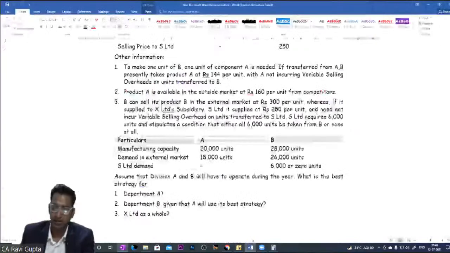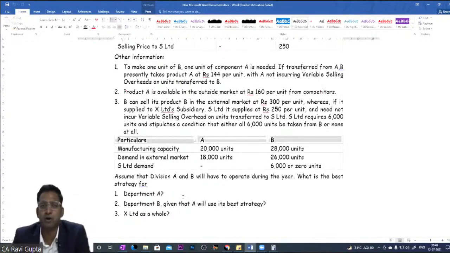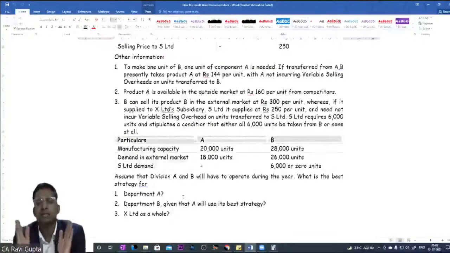See, Namita, we need to show that if we follow this strategy, this will be the best strategy. We have taken the decision on the basis of the contribution per unit. In some solutions, you will find that the best strategy has been decided by calculating its contribution under different options.